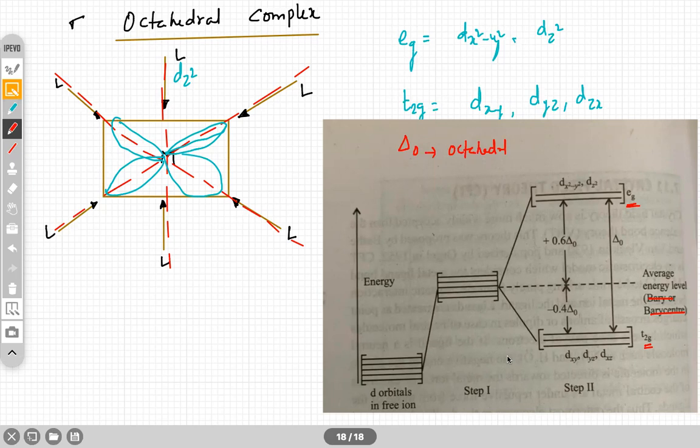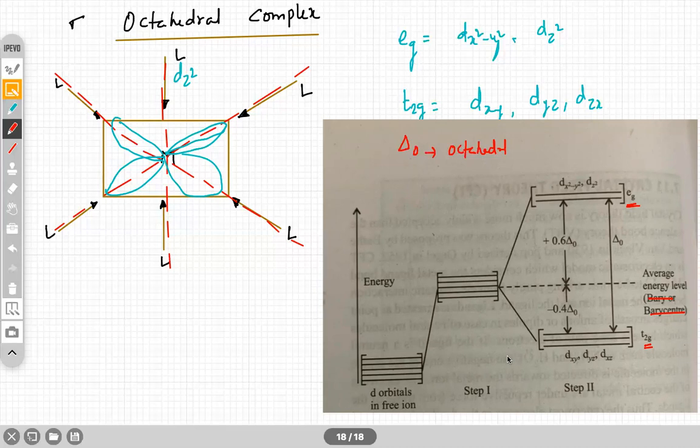Step 1 is the excited state? We cannot say excited state, because in an excited state generally an electron jumps into a higher energy level. Here there is no transition of electrons, but because of the interaction between the d orbitals and the ligands, the overall energy of the d orbitals increases and goes to a maximum value before splitting.